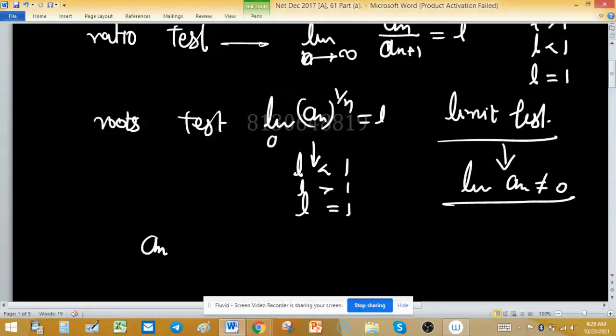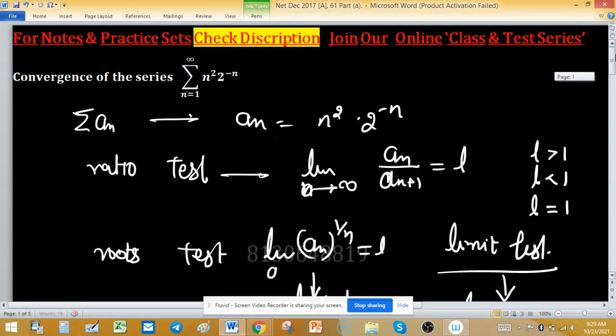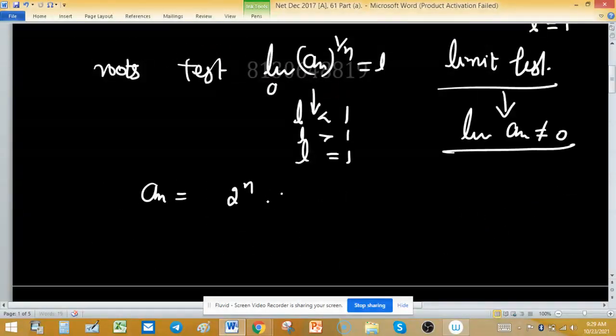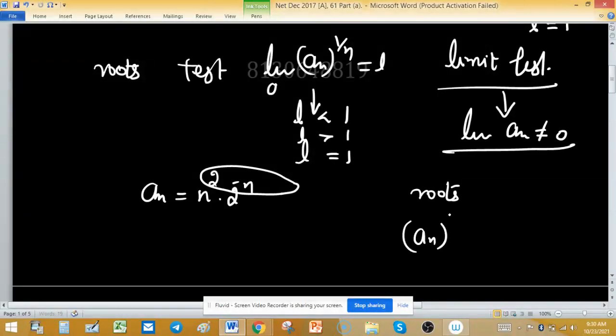Whenever, as it is given, an is n square into 2 raised to the power minus n, whenever n is involved in the power, many times you should apply the root test, because in the root test we need to compute the limit of this expression, and this 1 by n cancels out the power as given in the an term.